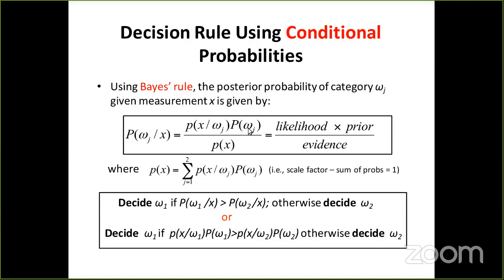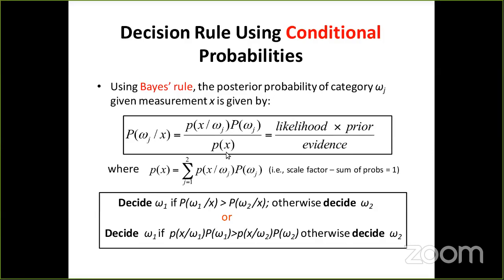And p of omega is called a prior, because at this point of time we do not have any observation, we just have our prior knowledge of which class is more likely. The denominator p of x is called evidence. This is called evidence because this is where we are making some observation. Likewise, if we think of ourselves as machine learning practitioners acting as detectives, we get some observation, we get some data, and that is our evidence.